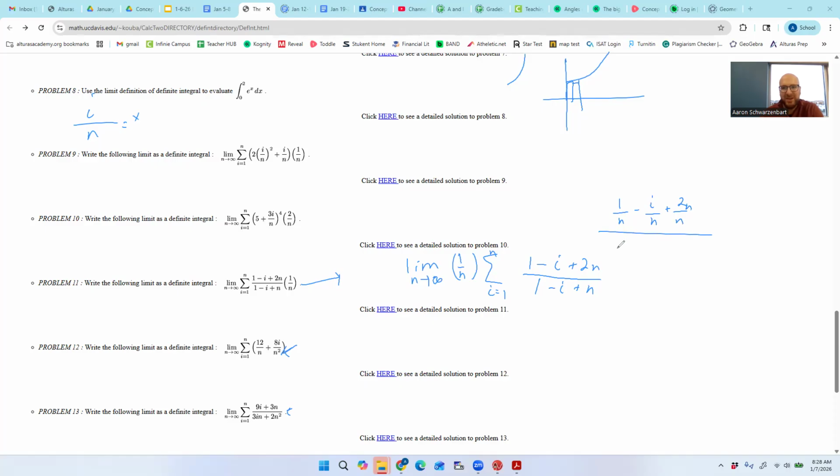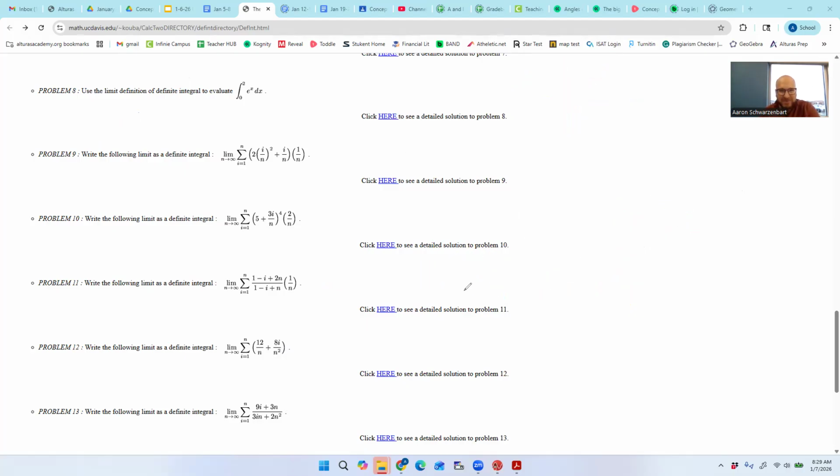So if I multiply everything here by 1 over n over 1 over n, so that is equal to 1.